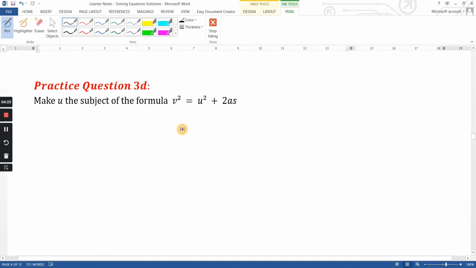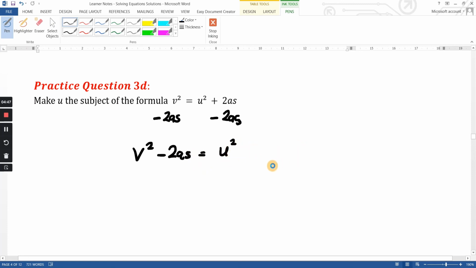Right, so we need a u on its own. Okay. So let's get rid of this whole term, 2as. So I'll have to minus 2as to both sides. That gives me v squared minus 2as equals u squared.